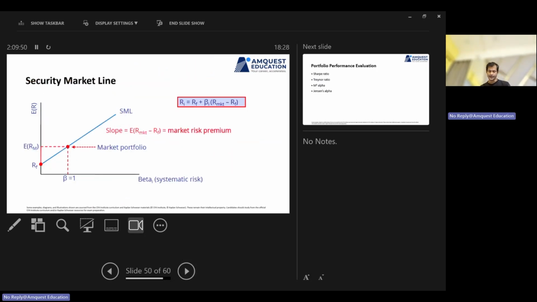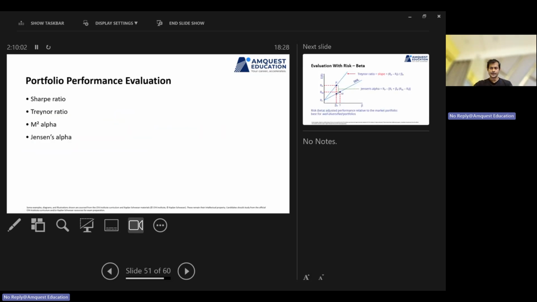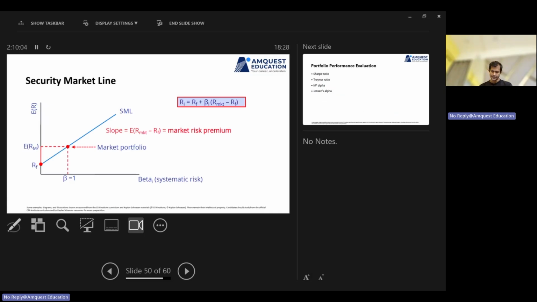Now, the security market line is essentially a line that shows the CAPM formula. So CAPM is your earning risk free for sure, and the more risk you take, that is beta, the more return you get. More risk, more return. So you'll notice that this line depicts the fact that you will earn minimum RF.